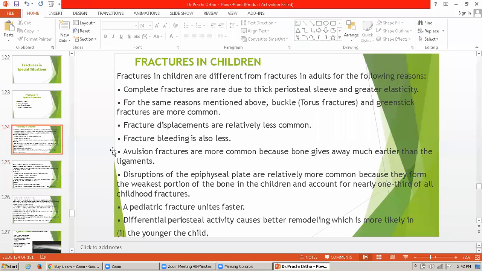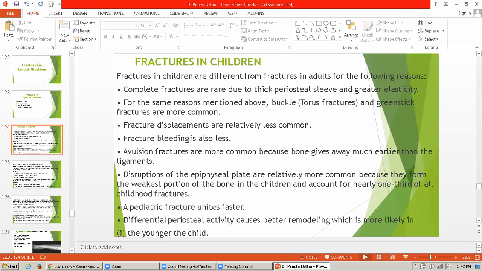So in children, torus fractures and greenstick fractures are more common, and fracture displacement is relatively less common. Fracture bleeding is also less. Avulsion fractures are more common because bone gives way much earlier than the ligament.